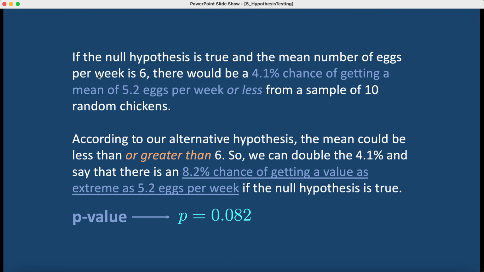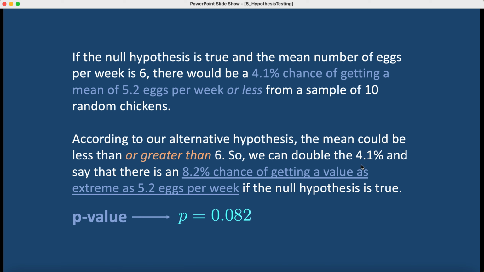Okay. So here what we say is that there's a 4.1% chance of getting a mean of 5.2 eggs per week or less from a sample of 10 random chickens. Our alternative is that it could be less or greater than 6.